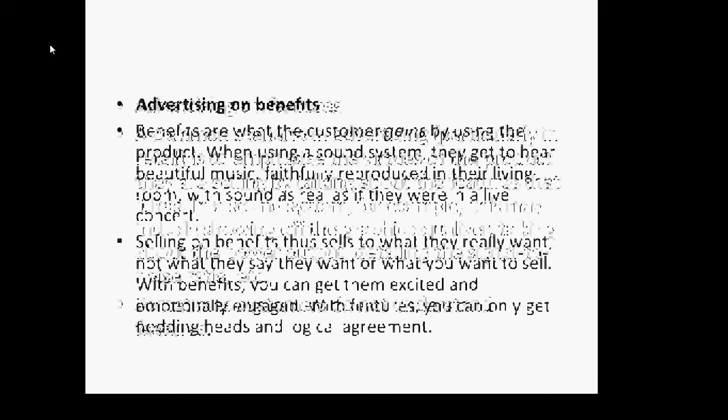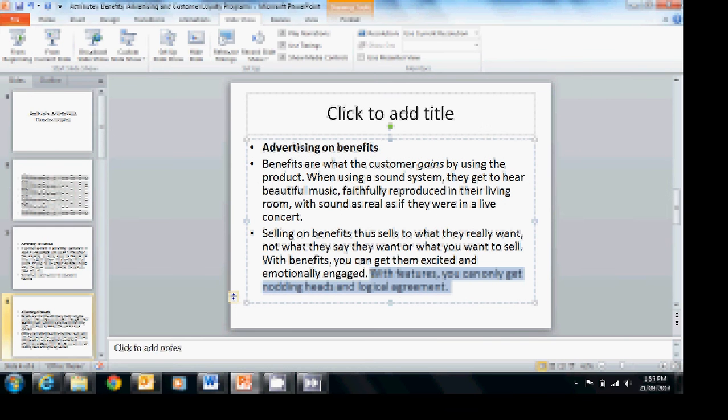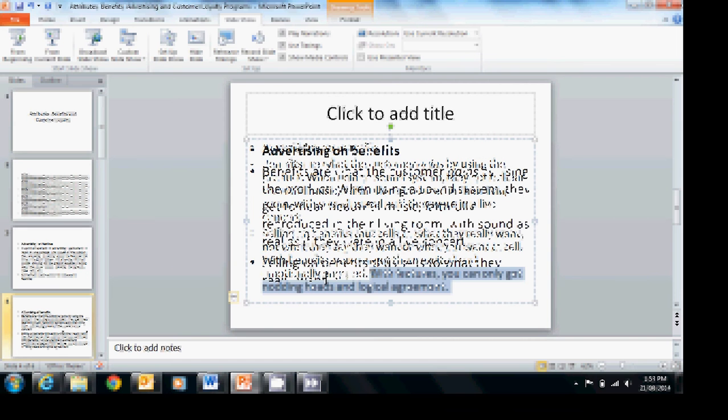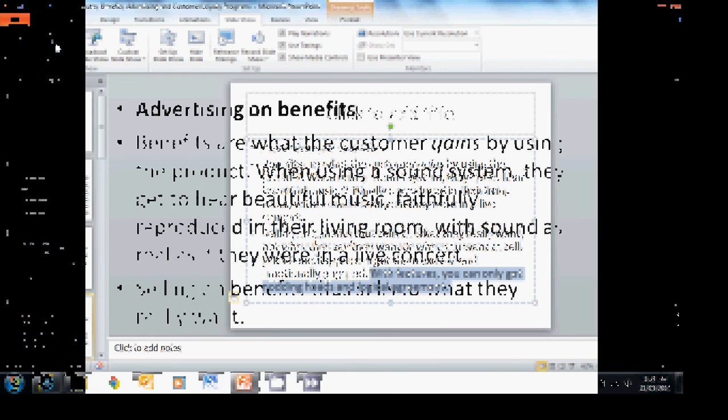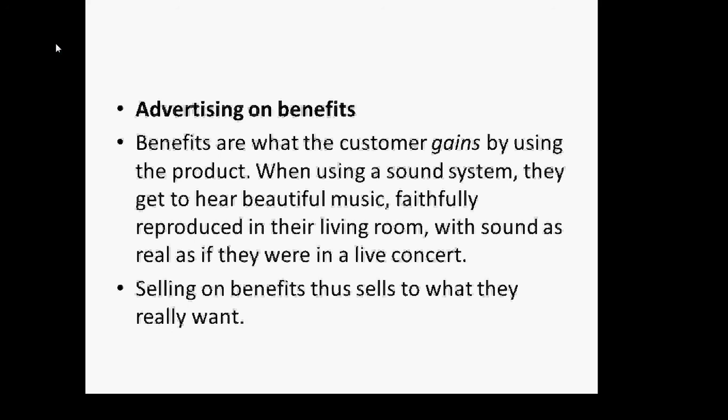I'm just going to shorten this a little tiny bit too. This is the next slide. Benefits. We've had features and attributes, now we look at benefits.